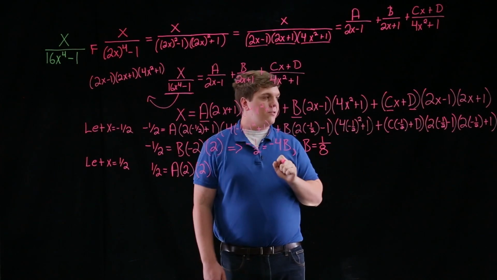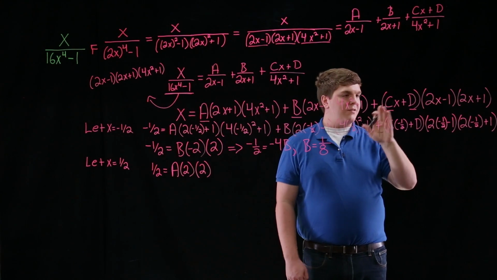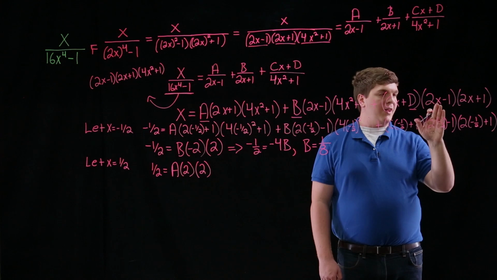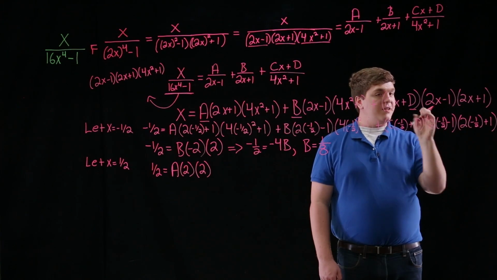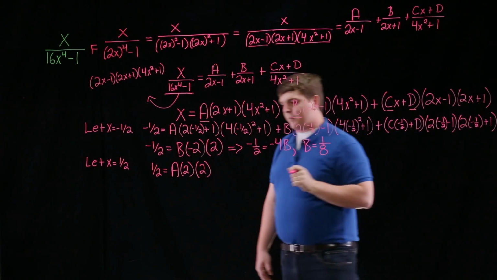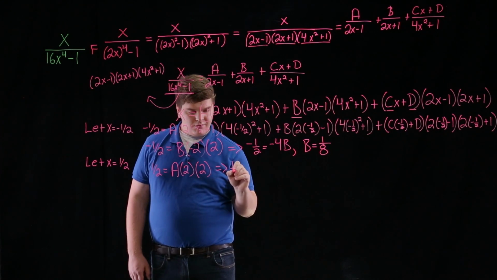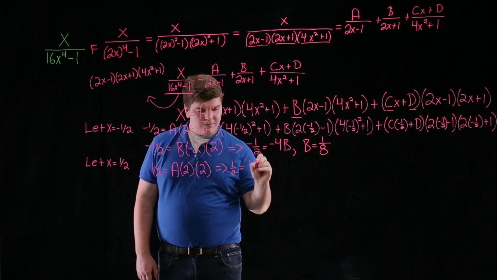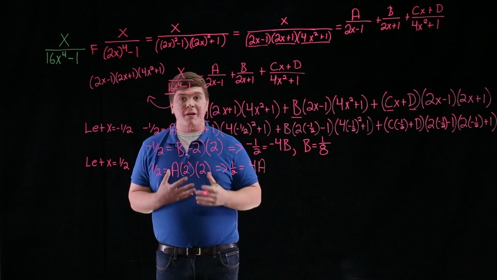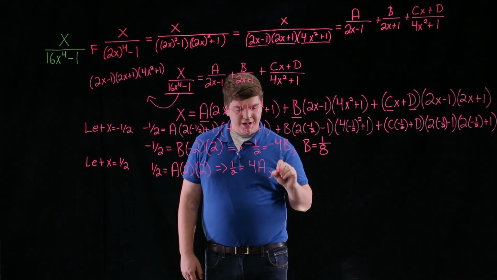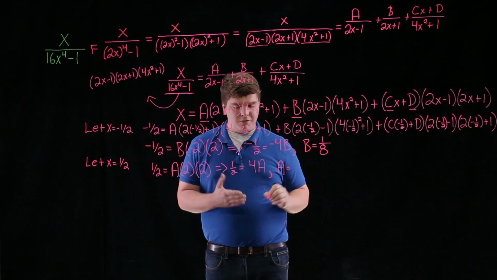So this whole term cancels. Plus c times 1/2 plus d times 2 times 1/2, which is 1 minus 1, which is 0. So this whole term cancels. So what we're left with is 1/2 equals 4a. Solving for a by dividing each side of the equation by 4, we find that a is equal to 1/8.